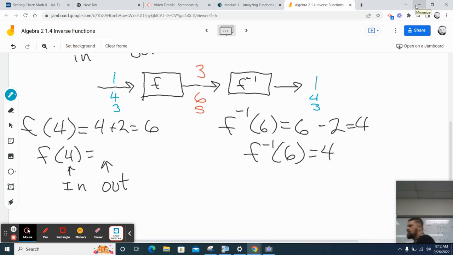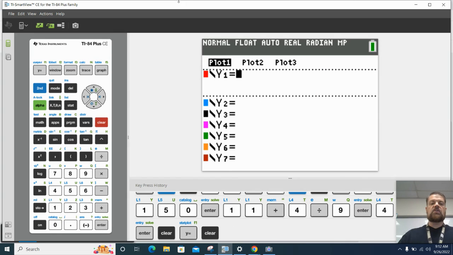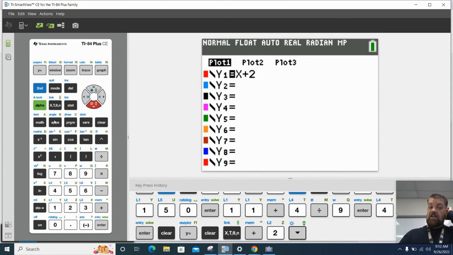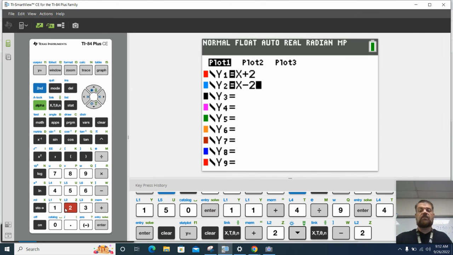So while you're writing that down, go ahead and graph f of x, which is x plus 2, and y equals, I'll write it on the board, and then we'll do it. Are you done? Yes. Okay. So then let's graph these. So I'm going to say x plus 2, and go down and hit x minus 2. So we're graphing the inverse and the function.